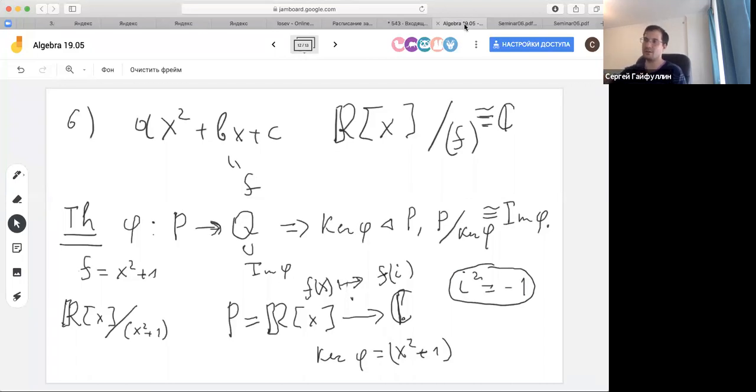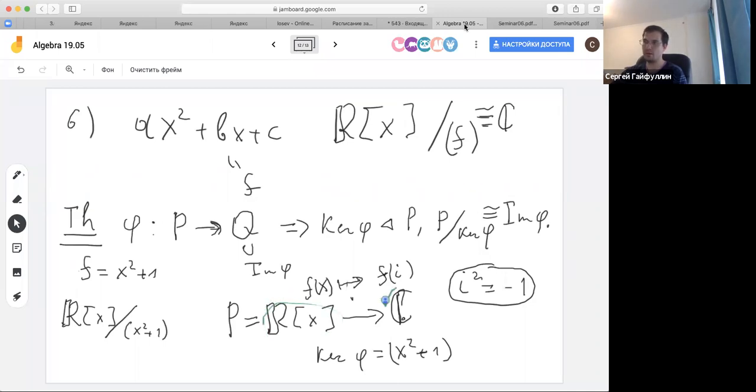First of all, this is a homomorphism. Of course, because if I add two polynomials, then the results would be added one to another, and if I multiply two polynomials, then the results will multiply one to another. So this is a homomorphism from this ring to complex numbers.